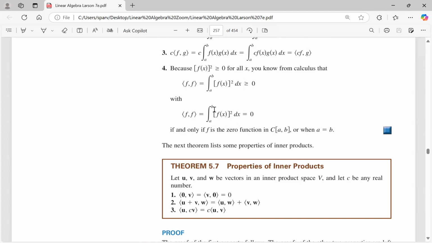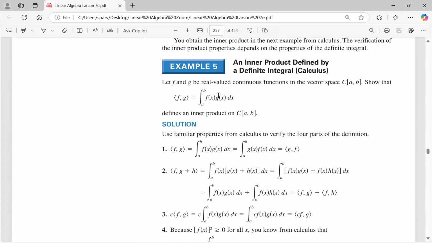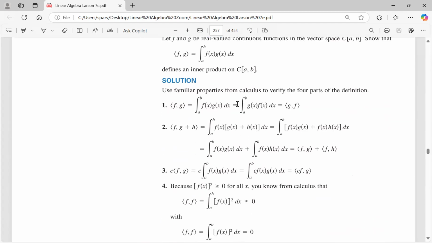Remember, one of the properties of the definite integral from Calc 1 is that the definite integral from a to a of any integrand is 0. So when a is equal to b, that makes the lower and upper limits exactly the same, and that is 0. Okay, so therefore, the way this is defined, that defines an inner product.